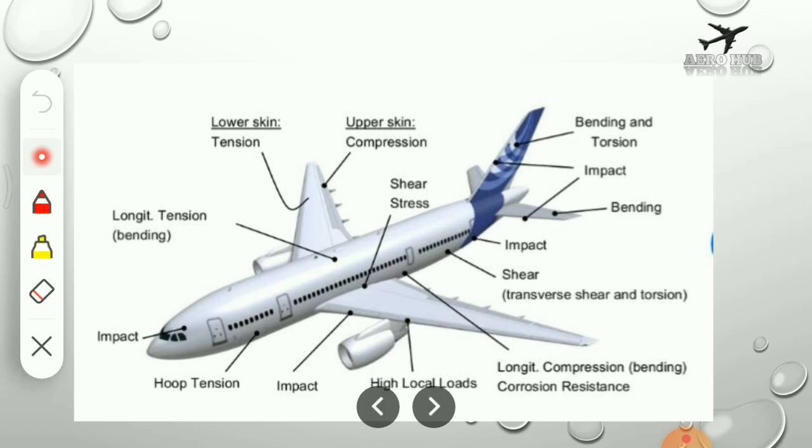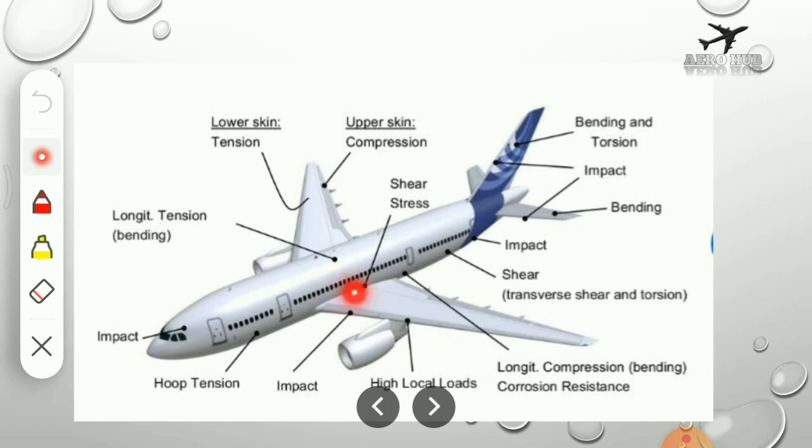The fuselage is like a cylindrical shell, and for shell type structures we have a type of stress called hoop stress. There are other types of stress also, which will be discussed later in this course.